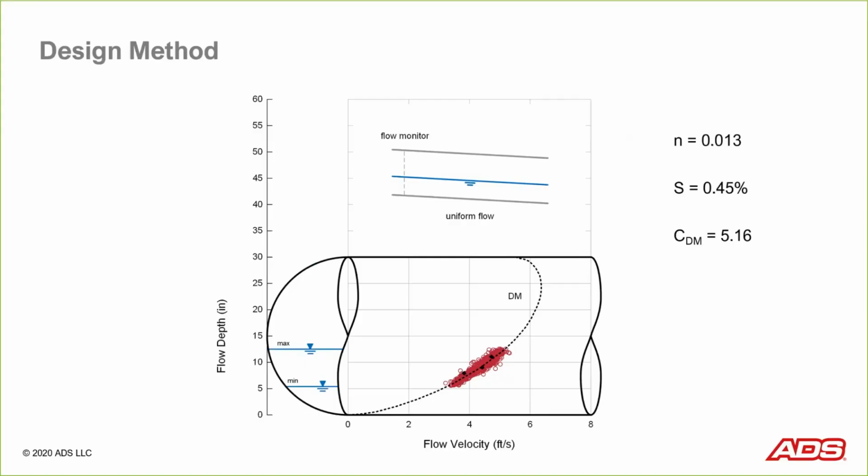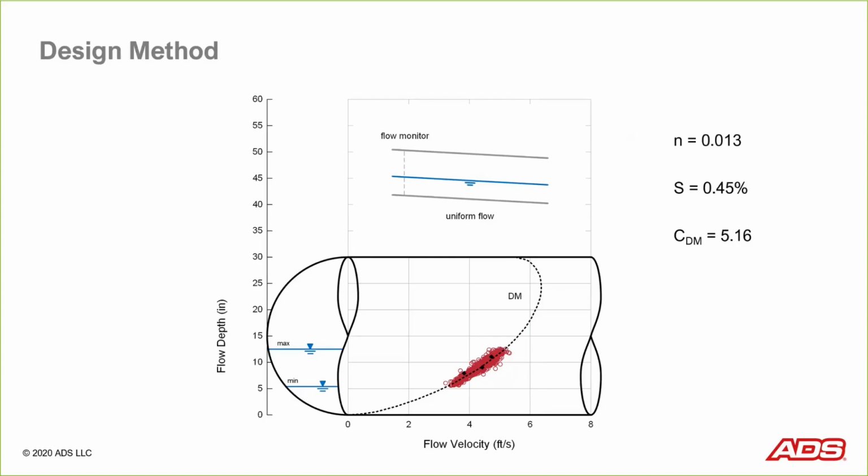Then I've taken the data from this location from a flow monitor, I've dropped it onto this scattergraph as well. And what we do with the design method is we simply compare the two. Do they agree or do they not agree? In this case, they happen to agree.